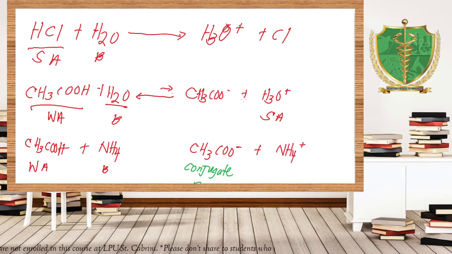Ammonium ion is our conjugate acid. Okay, take note guys, if the base is not water, then there will be an equilibria. Okay?